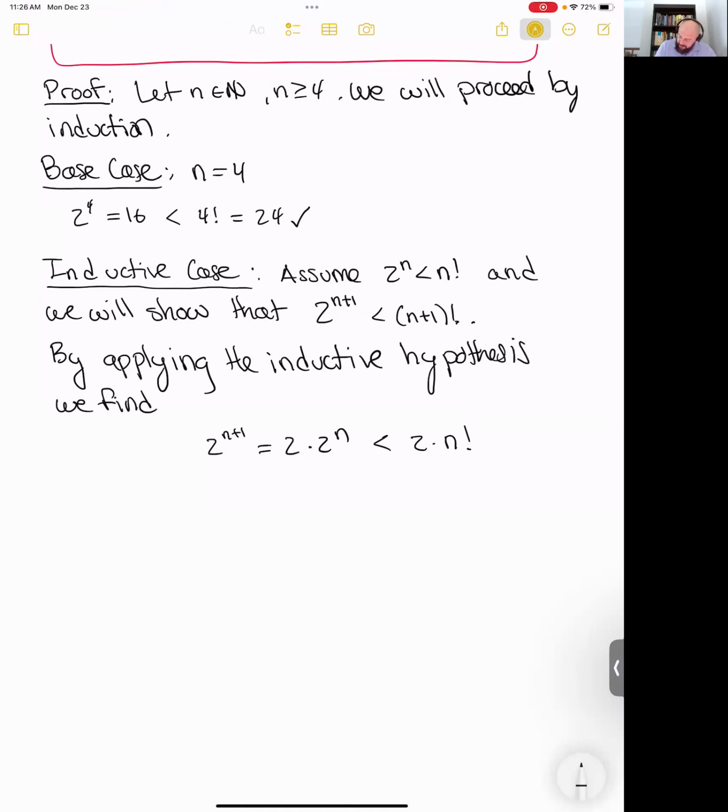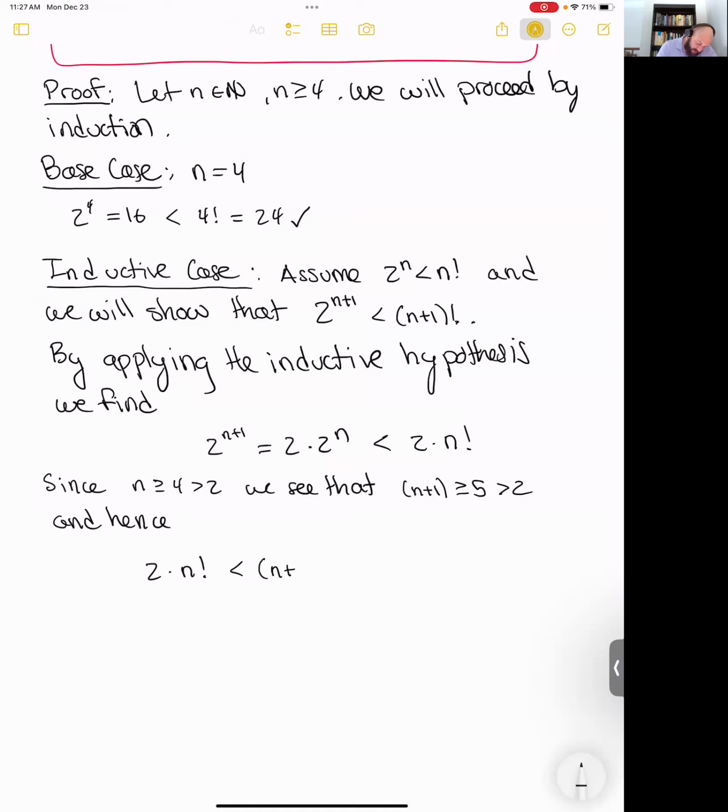All right. Well, now we should notice that since n is bigger than or equal to 4, which is going to seem silly, but I'm going to write it anyway, we see that n plus 1 is bigger than 5, which is also bigger than 2, and hence 2 times n factorial is less than, if I replace the 2 with n plus 1, n plus 1 times n factorial.